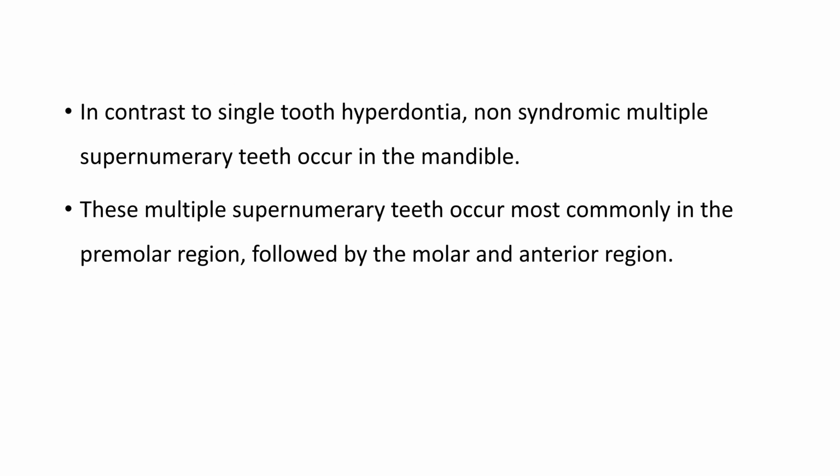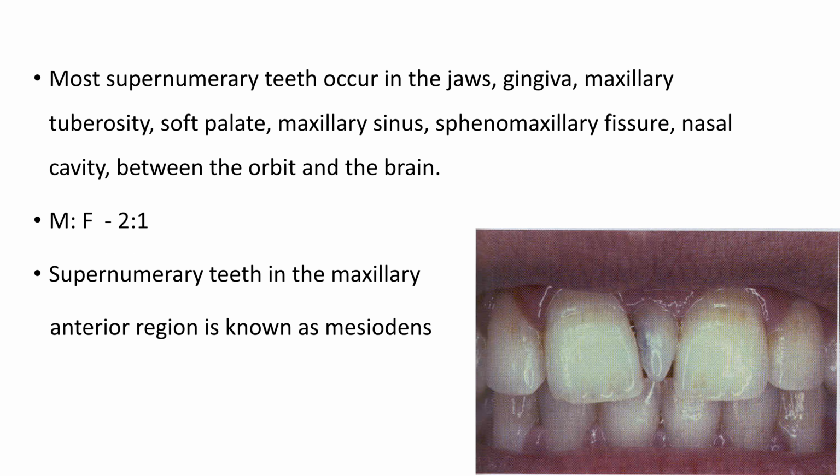In contrast to single-tooth hyperdontia, non-syndromic multiple supernumerary teeth occur most frequently in the mandible. These multiple supernumerary teeth occur most often in the premolar region, followed by the molar and anterior region respectively. Most supernumerary teeth occur in the jaws.